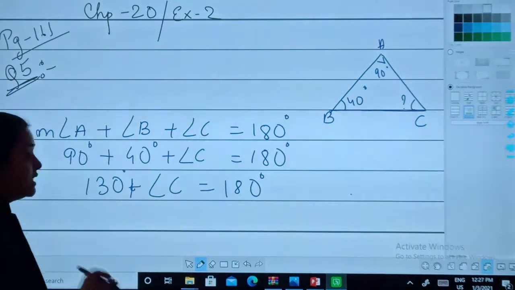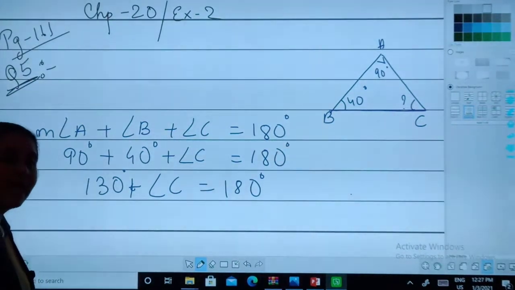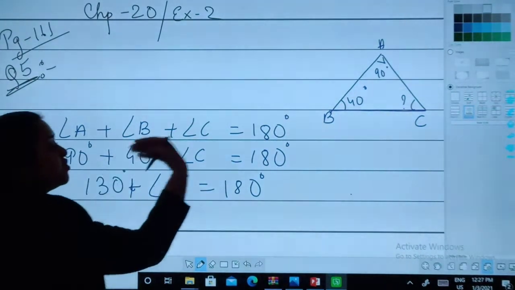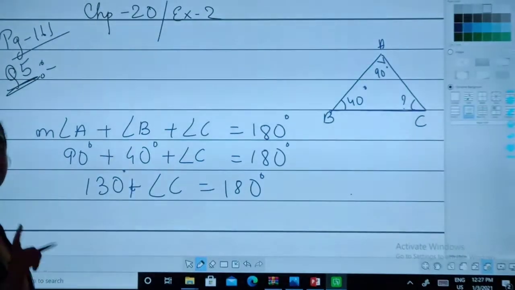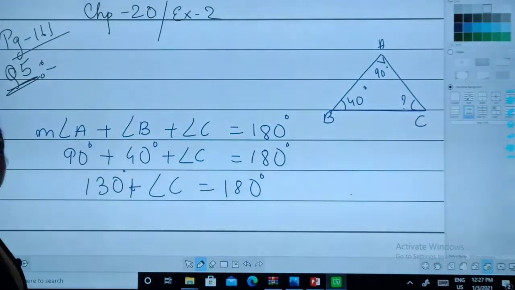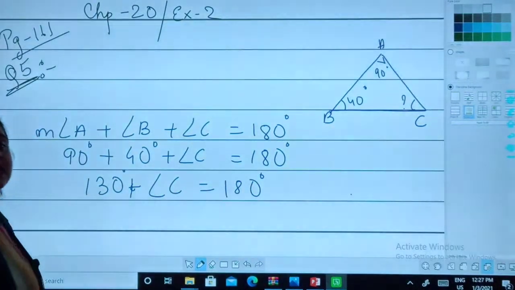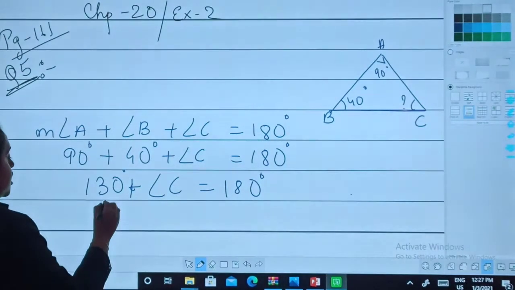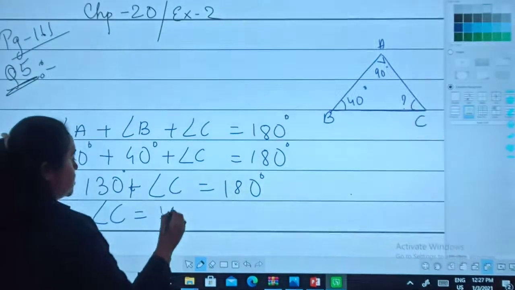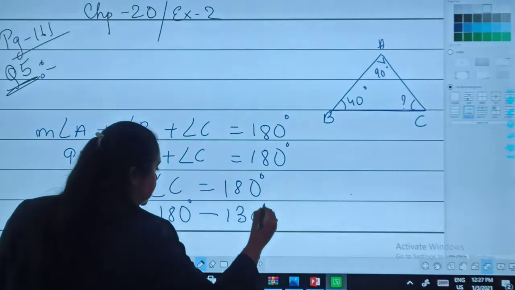Now this 130 will go that side. When 130 will change the side, the operation will also be reversed. At this side 130 is positive. When it goes to the other side, that will become negative. So angle C equals to 180 minus 130 degree.